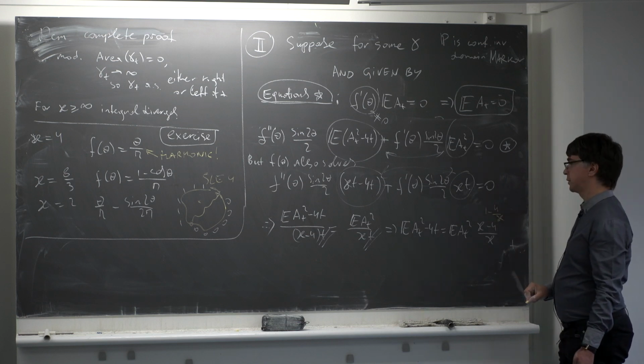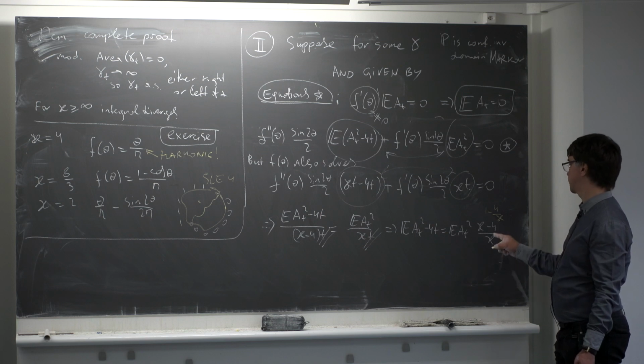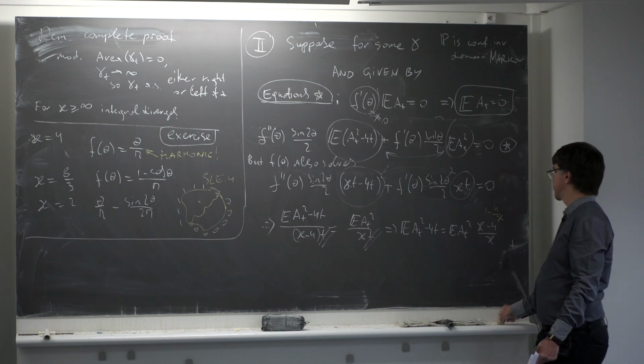Wait a second. No, that is plainly, what is it? I should get a slightly different thing. I should get what? I should get that expectation of a_t is, no, I think I'm fine, yes.